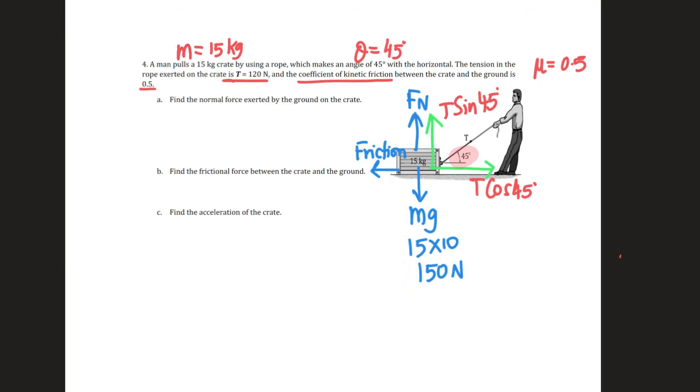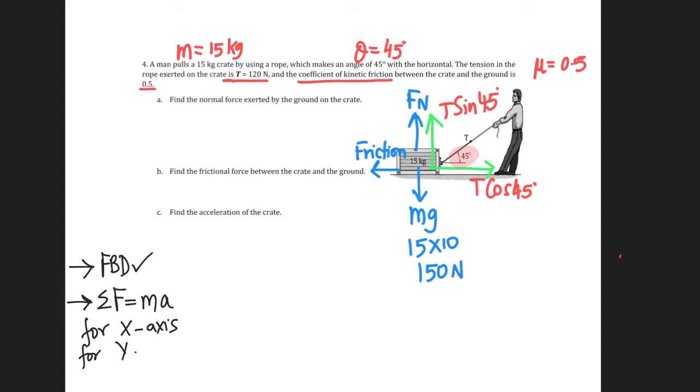Now we know that to solve such problems we did some steps in the class. The first step was to draw the free body diagram, which we have already done. The second step was to apply Newton's second law, that is sigma F equal to ma, for the x-axis and for the y-axis.